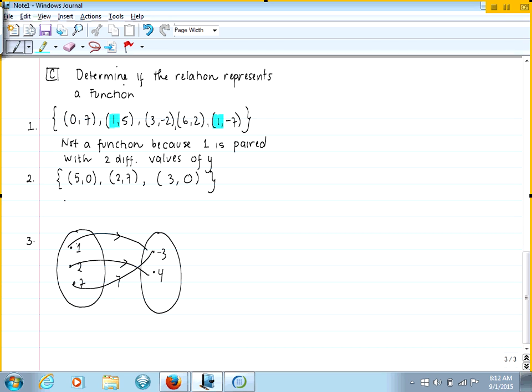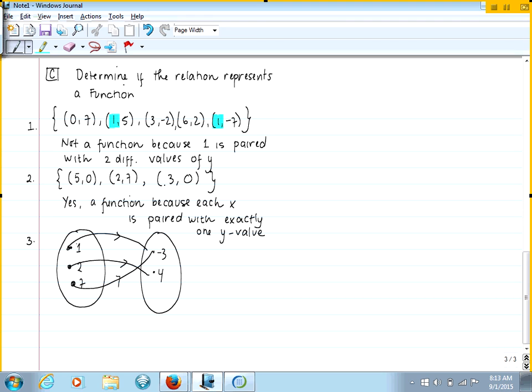So is number 2 a function? Yes, because each x is paired with exactly 1 y value. How about number 3? Yes.